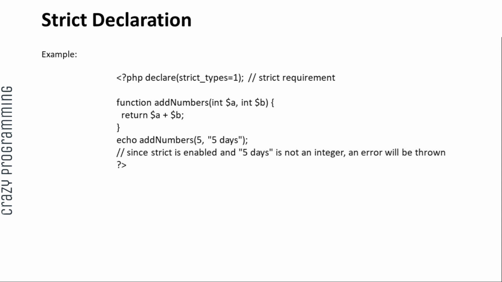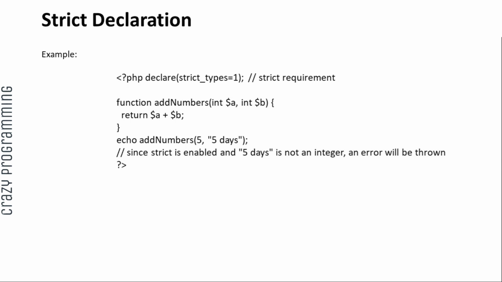I created a function add numbers, and inside it I use an integer a and a second integer b, and it returns a plus b. Outside the function I use echo, add numbers with 5 comma a string "5 days".